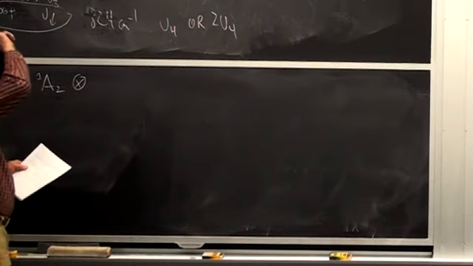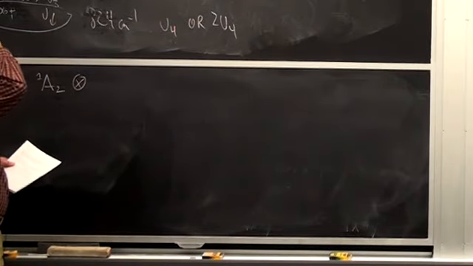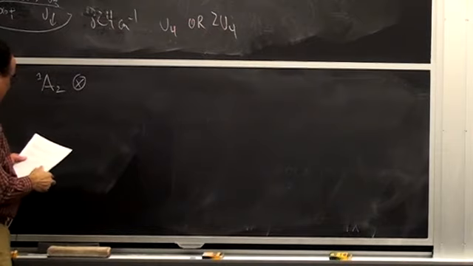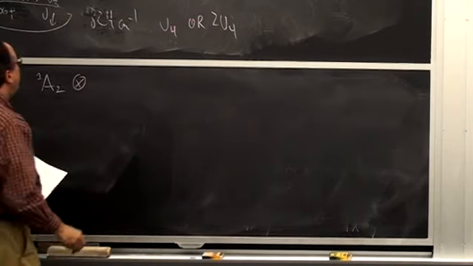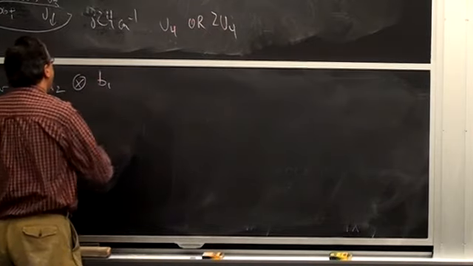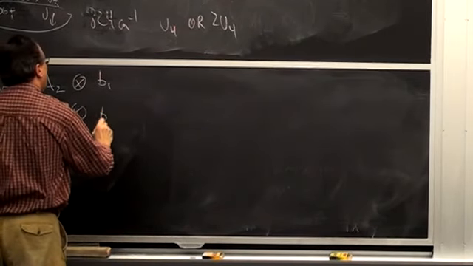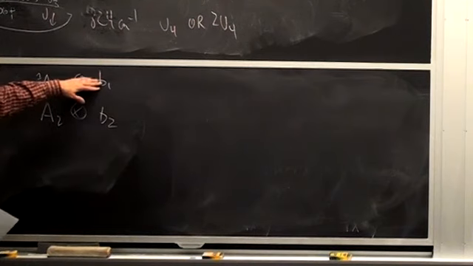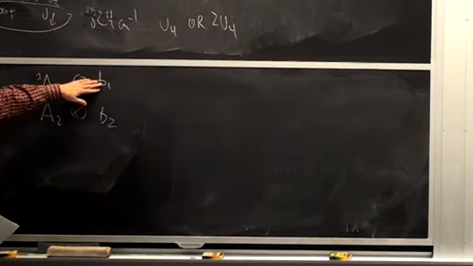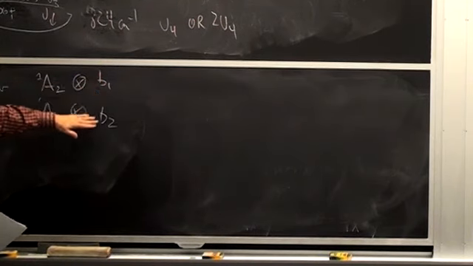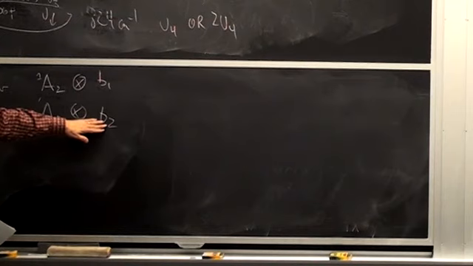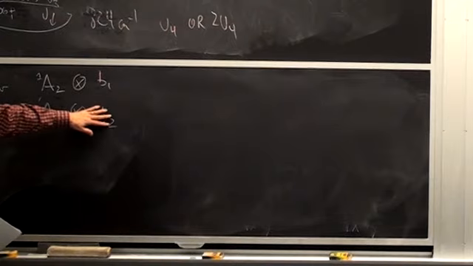Okay, so I forgot, what were the symmetries? We have B1, and we have B2. So the out-of-plane bend has B1 symmetry. The in-plane wag and the antisymmetric stretch, they have B2 symmetry.